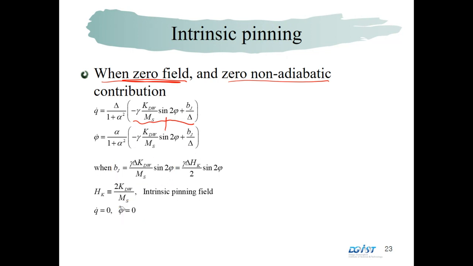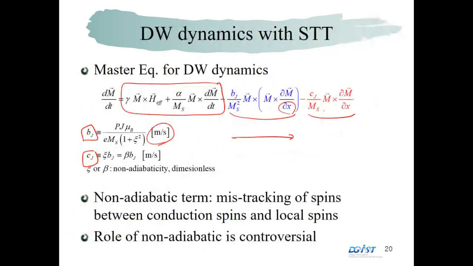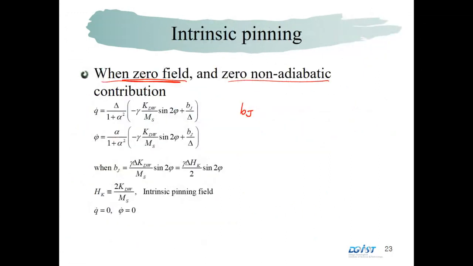That means if we apply a small current, Bj is proportional to the current density. So Bj, starting from 0 to a certain value, always satisfies this relation by adjusting the angle phi. So the domain wall doesn't move.